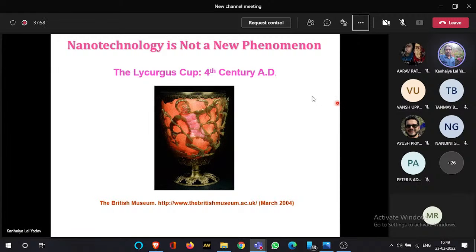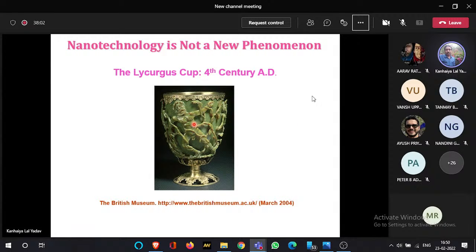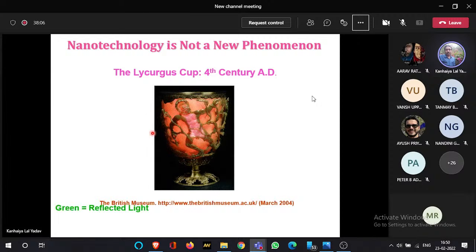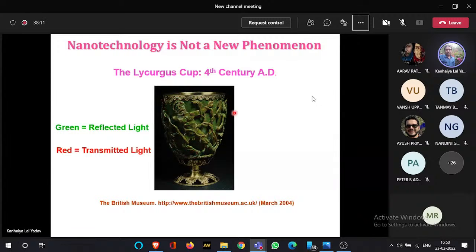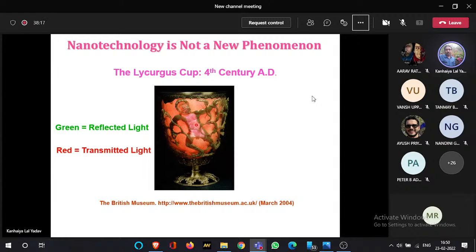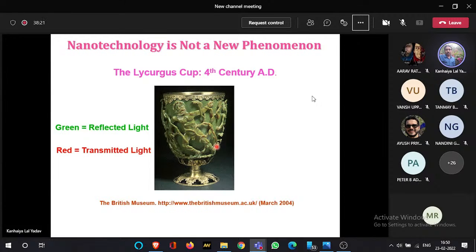It looks green in reflected light and red in transmitted light. And this is from the 4th century AD.